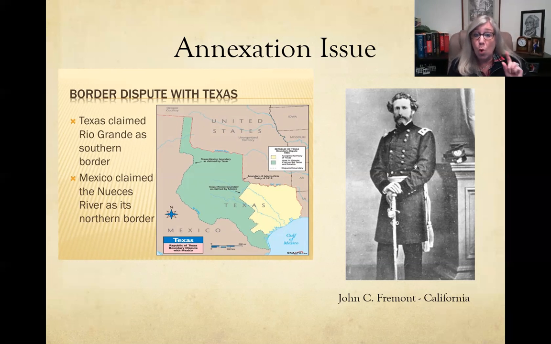So James K. Polk wants to acquire Texas for the United States, but he wants the war to be started by Mexico. He knows this is probably going to go to war, but he wants Mexico to start the war because it's going to be a hard sell to go and be the aggressor.